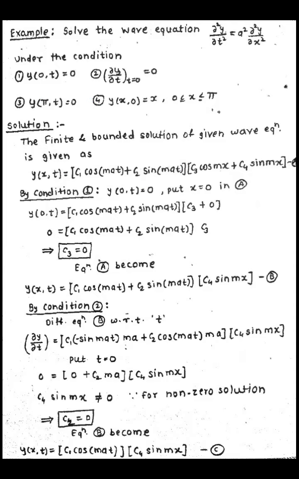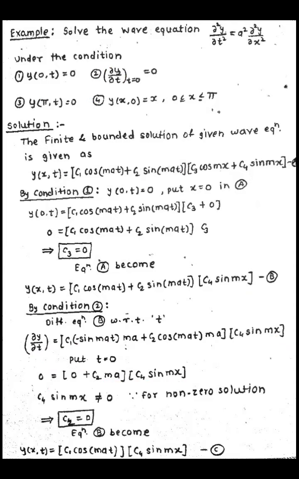Now according to condition 2, we put t = 0 in the derivative. This shows the velocity at the initial time is 0. So the c1 term becomes 0 due to sin 0, plus c2 cos 0, which is 1, times ma, and the second bracket is c4 sin mx.